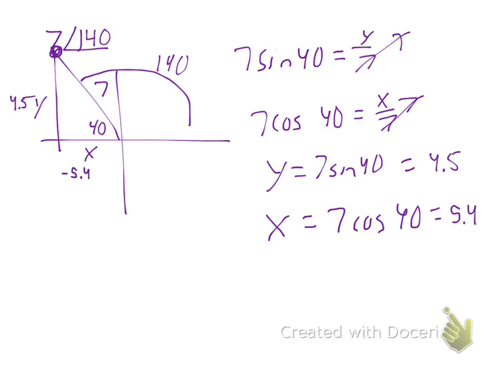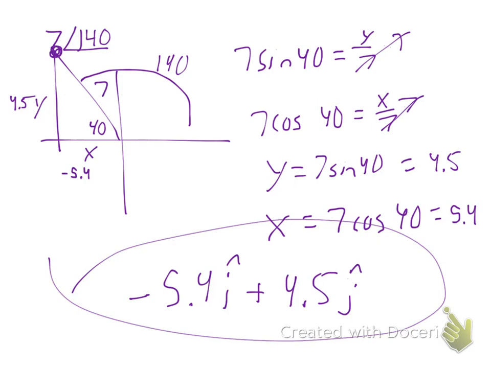Careful. It's i. Negative 5.4 i hat plus 4.5 j hat. Boom, and you are done. These go pretty quick once you get them set up.